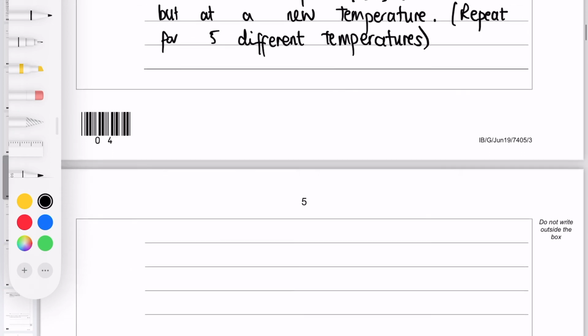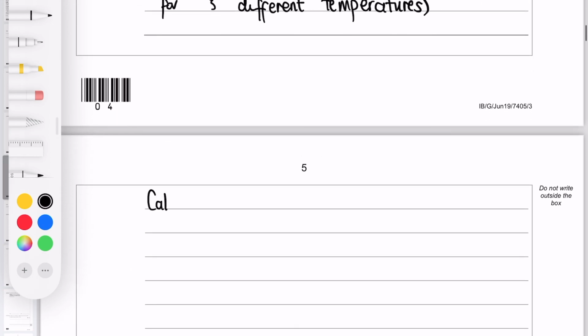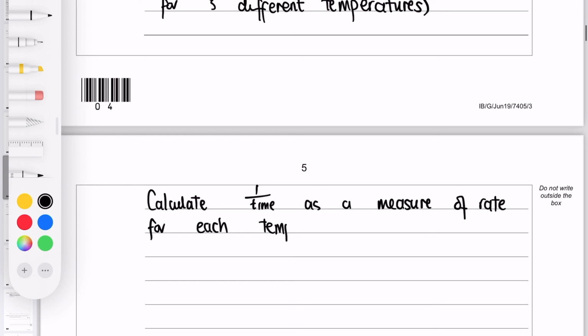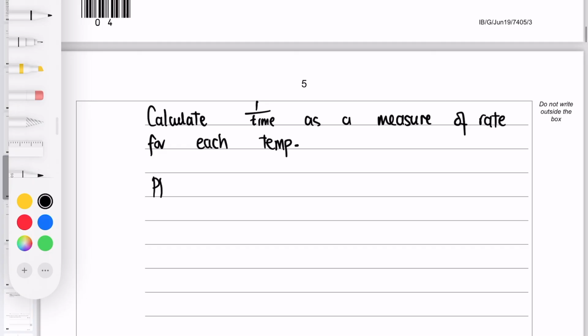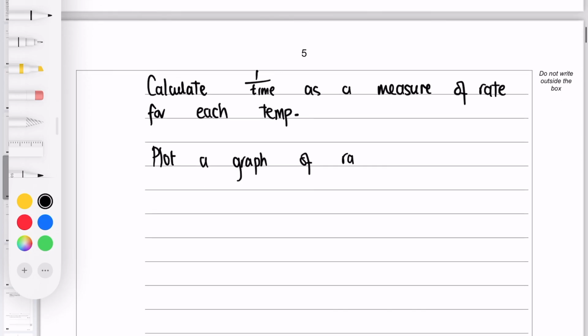So then what we're going to do is calculate 1/time as a measure of rate for each temperature. And we're going to plot a graph of rate, 1/time, against the temperatures that we've chosen.